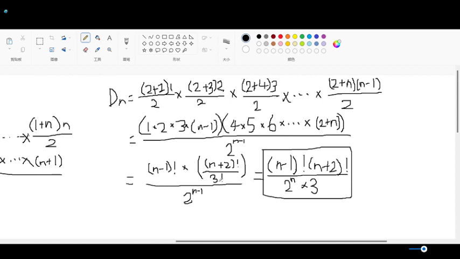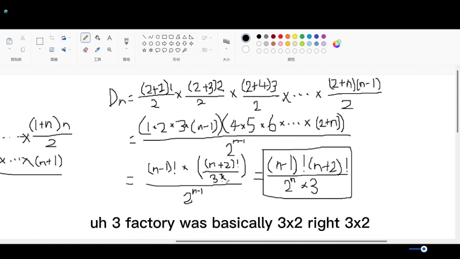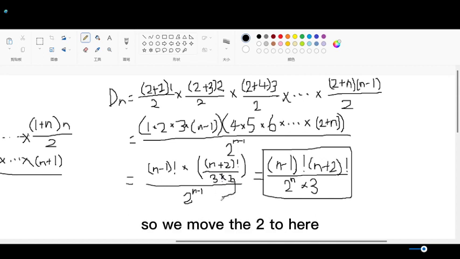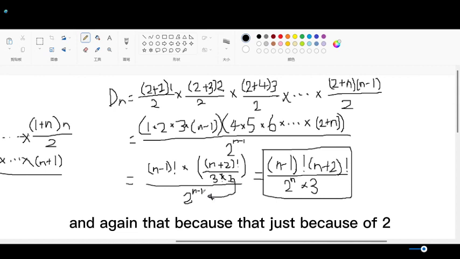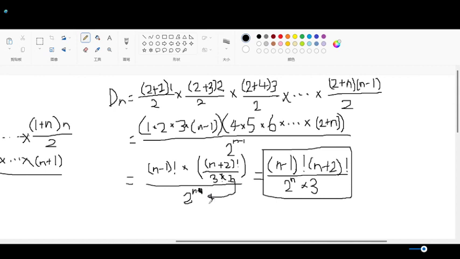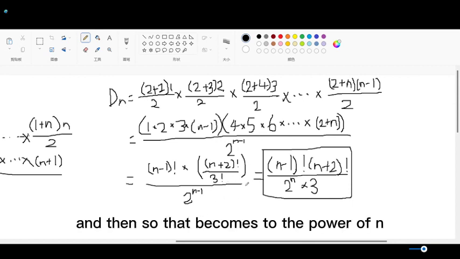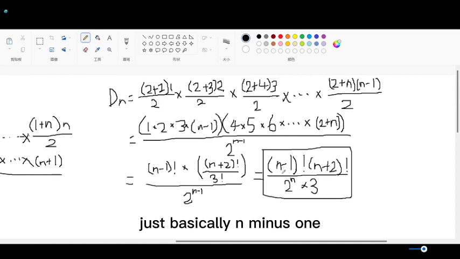And we know that 3 factorial is basically 3 times 2. So we move the 2 to here, and that becomes 2 to the power of n, and then we move the 3 down. It's n minus 1 factorial times n plus 2 factorial over 2 to the power of n times 3.